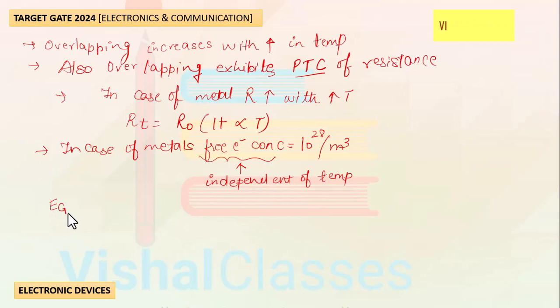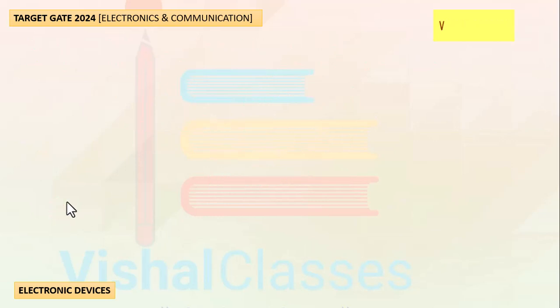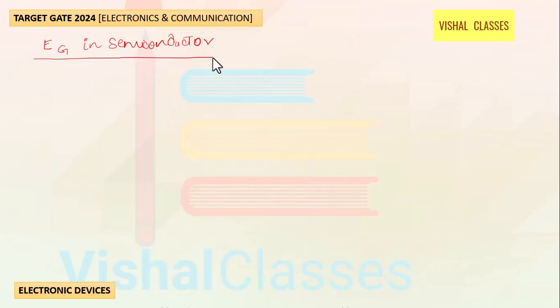Next, in the next slide we will see Eg in semiconductors. These are materials whose conductivity lies between metals and insulators.